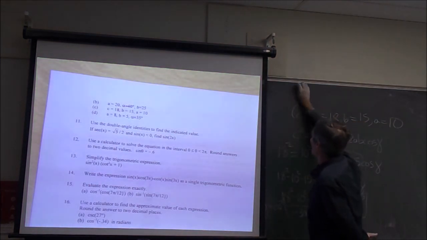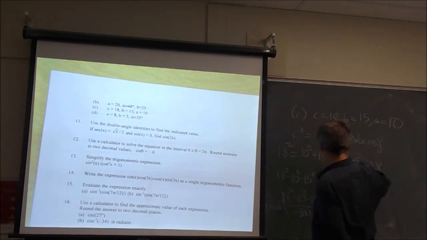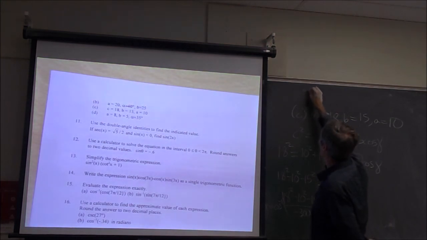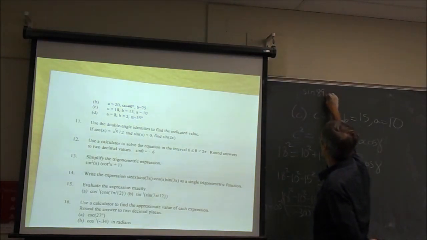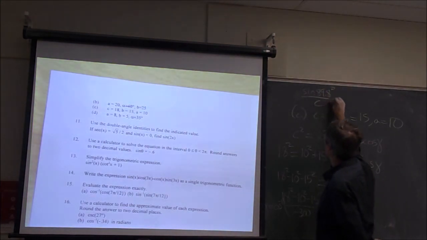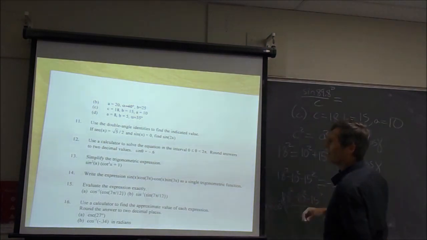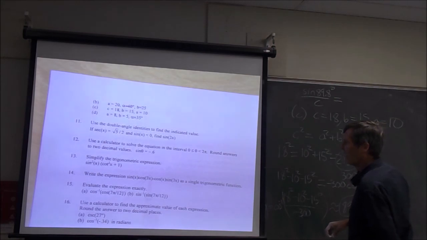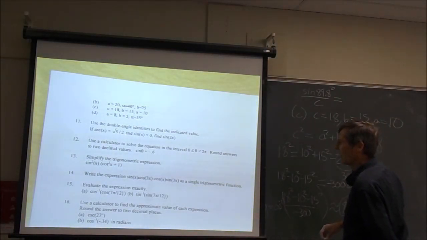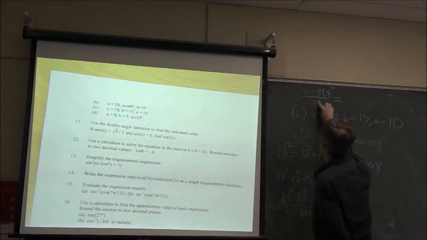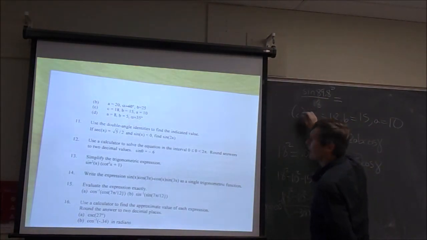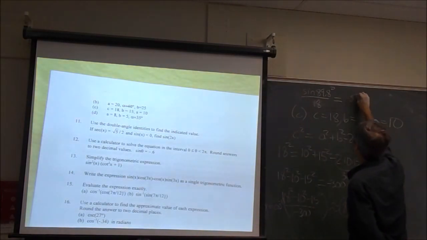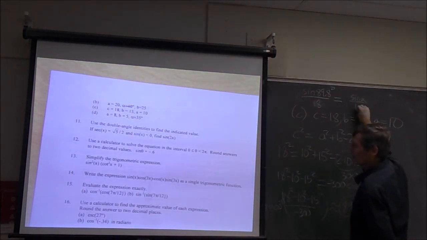So now what I'll say is the sine of 89.8 degrees is to C, which is 18, as sine alpha is to A, which is 10.